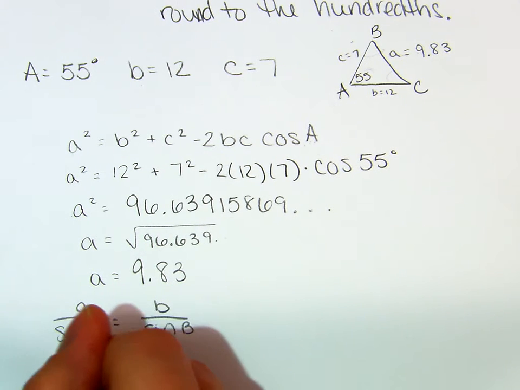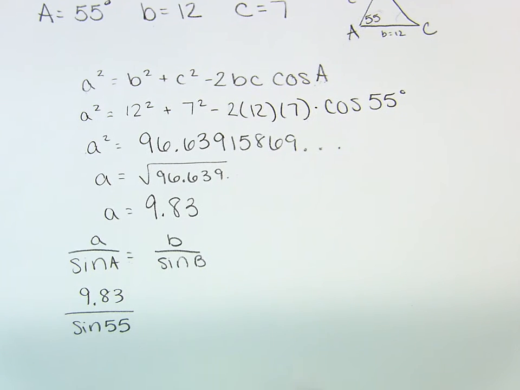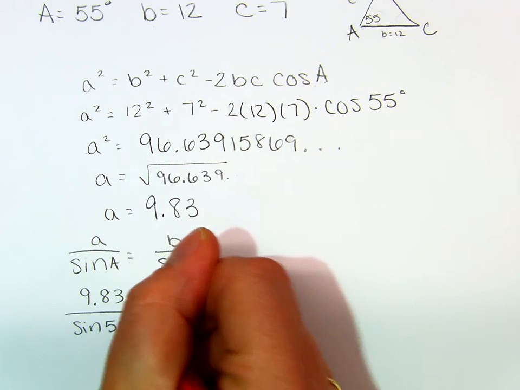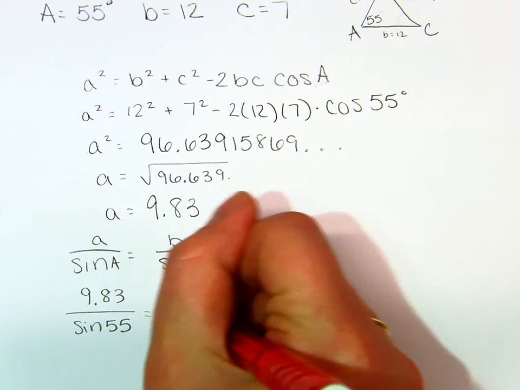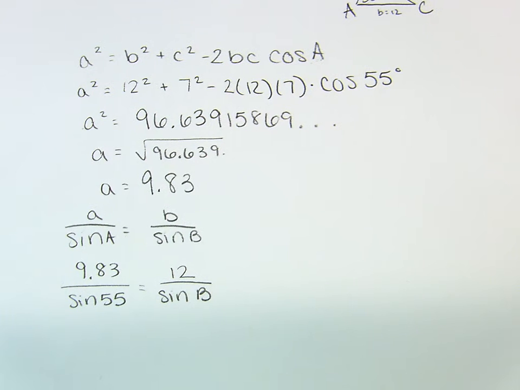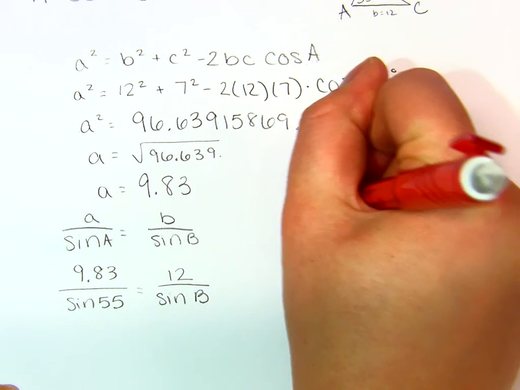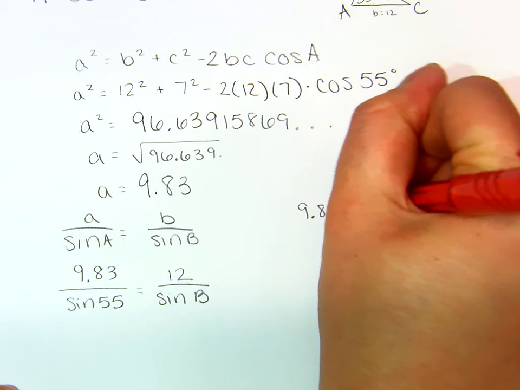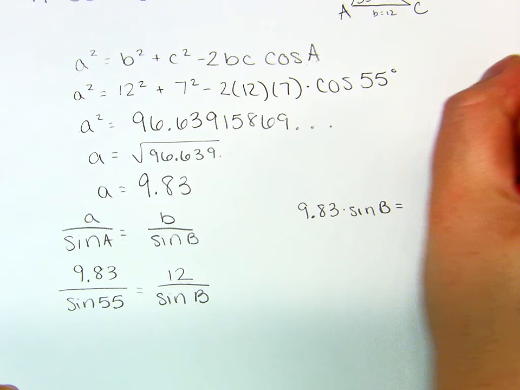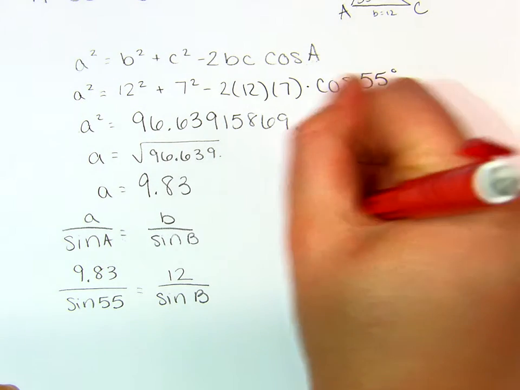Angle A I was given is 55. Side b I was given was 12. And angle B I don't know. So I'm going to cross multiply, so I'll get 9.83 times the sine of B is equal to 12 times the sine of 55.